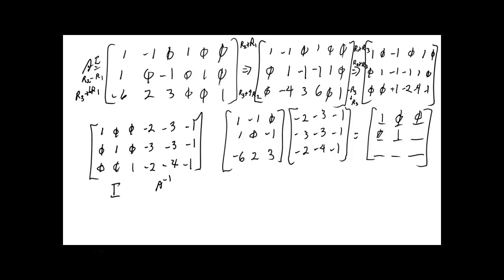2, 3. Second row, third column. 0. That's 0 also. Hey, 2 out of 3 rows are okay. How about that last one? 3, 1. Third row, first column.